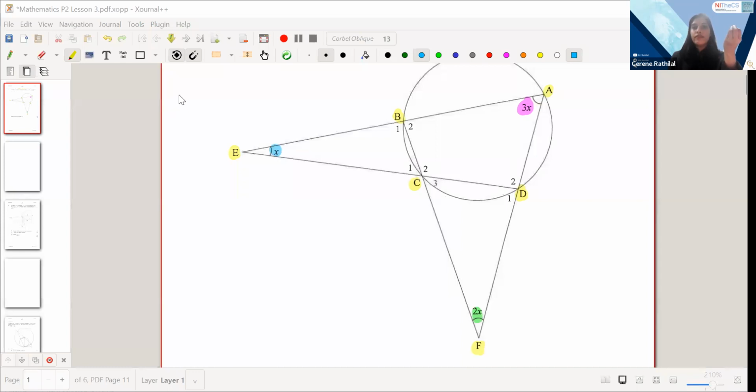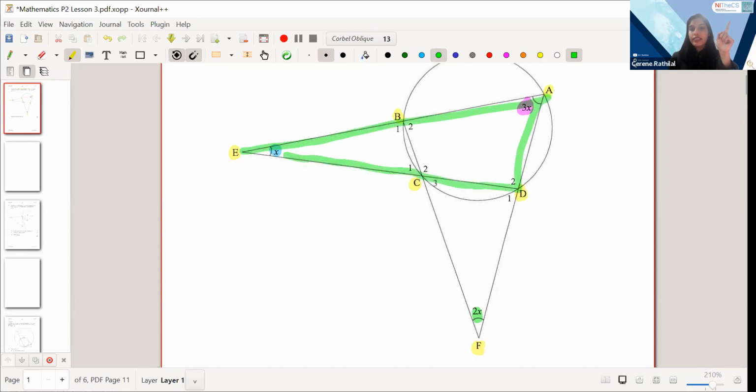We've got these angles within triangles. Can you identify some of the triangles for me? You could just type in the vertices of the triangles that you'd like to bring my attention to. I'm going to highlight one of them to get us started. So we can see that we have triangle ADE.